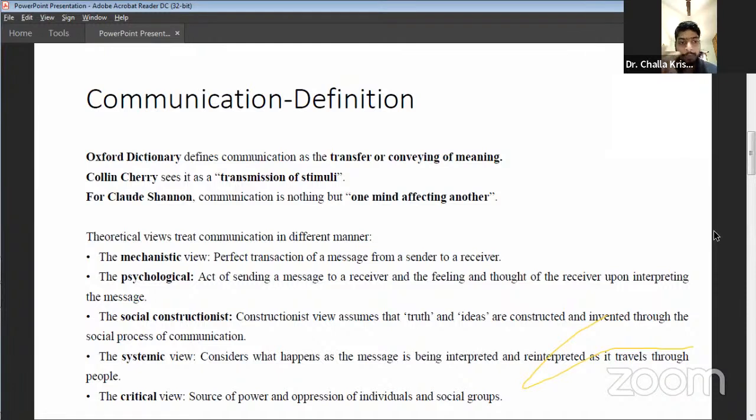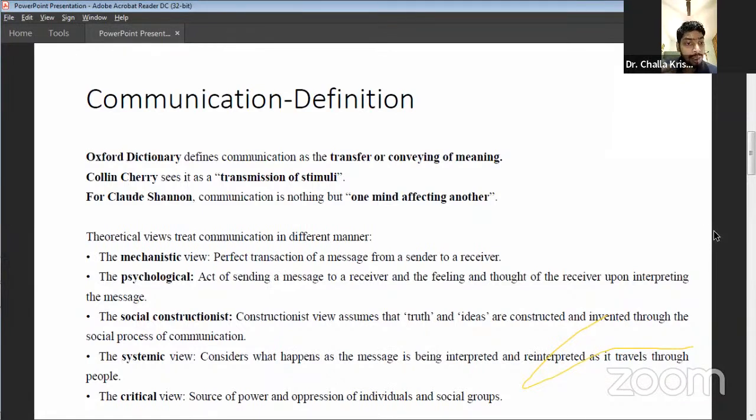Then you have the psychological view: how the message impacted the receiver. In the mechanistic view, we don't talk about the impact of the message, just its transmission, whereas in the psychological view, we talk about the impact of the message on the receiver.